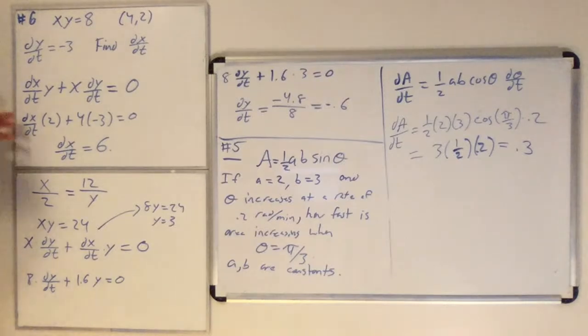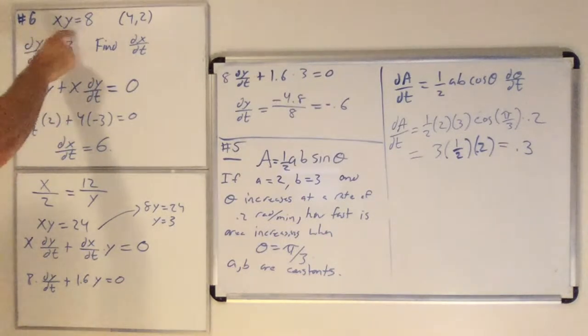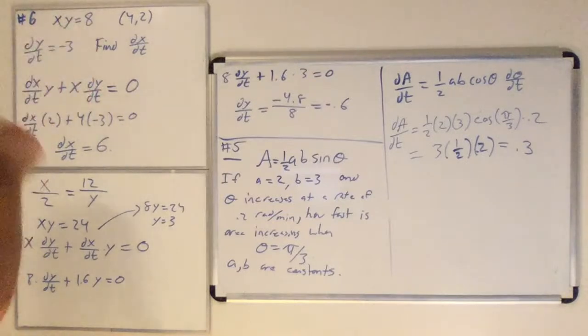All right, so we just plugged in this. These last two have been pretty straightforward. I think the first two were a little bit harder. But yeah, we were given the way the variables were related. We took the derivative and just plugged in all the appropriate information.